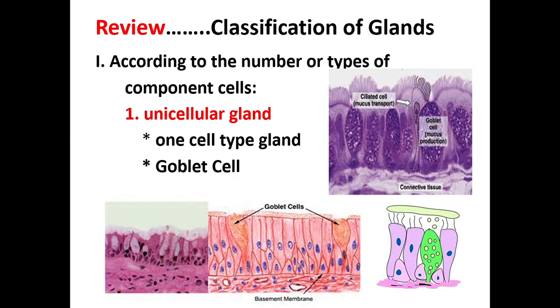Let's go into the classification of glands. The first criterion is based on the number or types of component cells. Under this criterion, we have the unicellular gland. This is a one-cell type gland represented by the goblet cell.